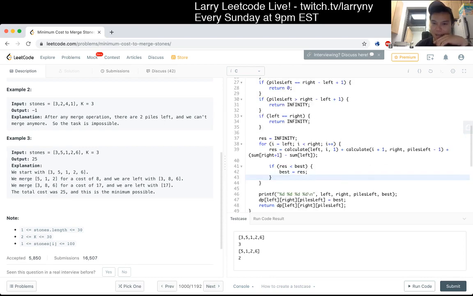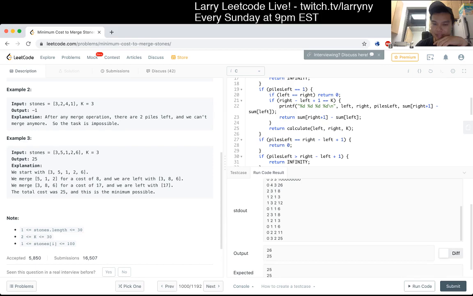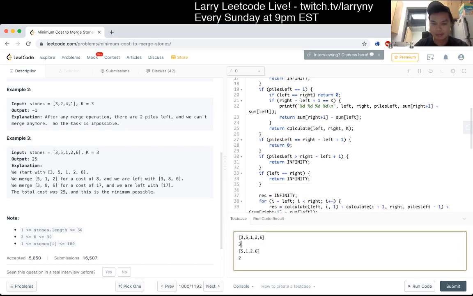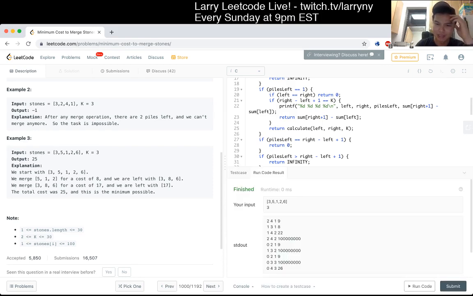Do I have a function that's wrong somewhere? Because apparently the best you can do in that subproblem should be 25. And it thinks you could do it in 22. Oh no, that's for 2 piles, but k equals 3, so that's not true, right? I retract that.